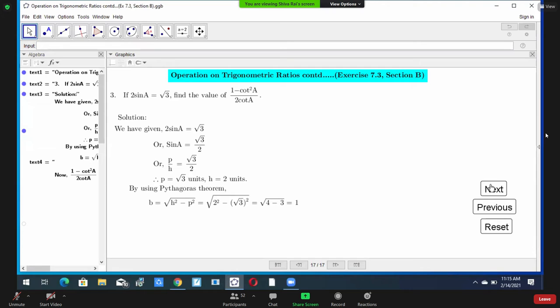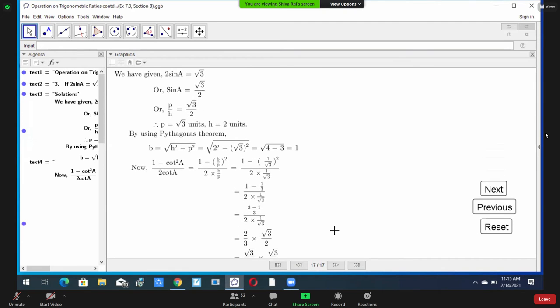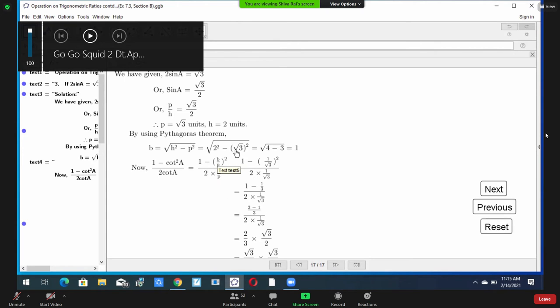Now everyone look here. (1 minus cot square A) upon twice cot A equals 1 minus, you know cot A means B upon P, so cot square A is (B upon P) whole square, and 2 into cot A in the denominator.